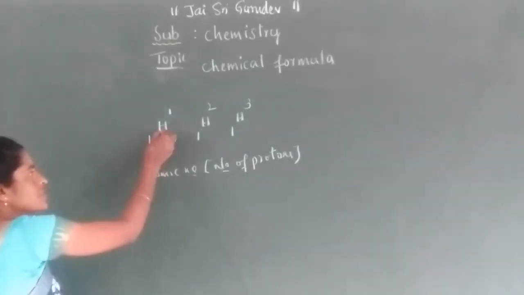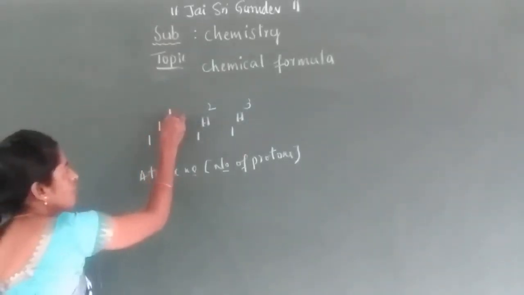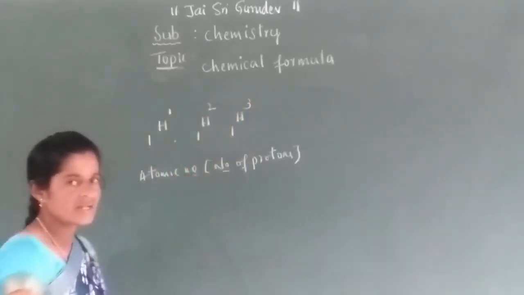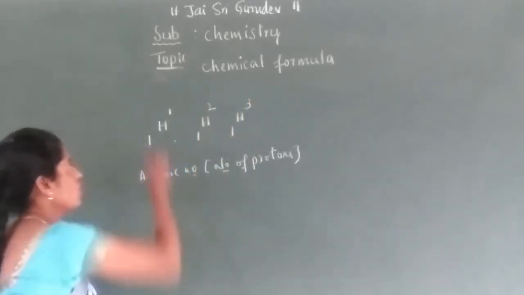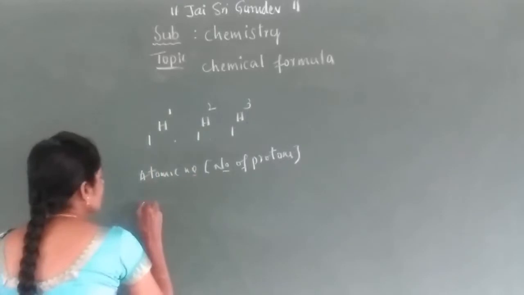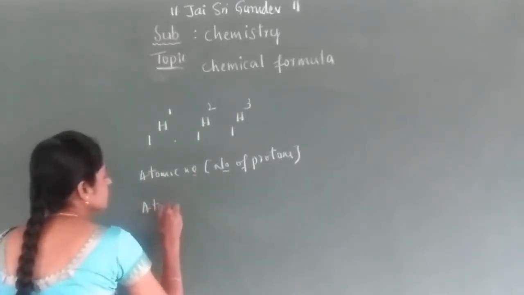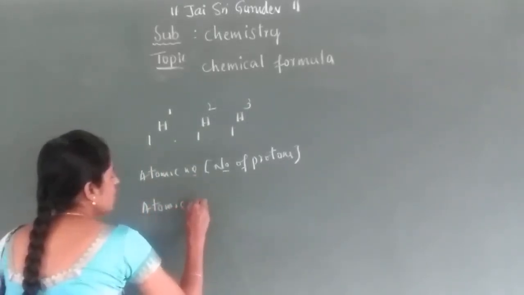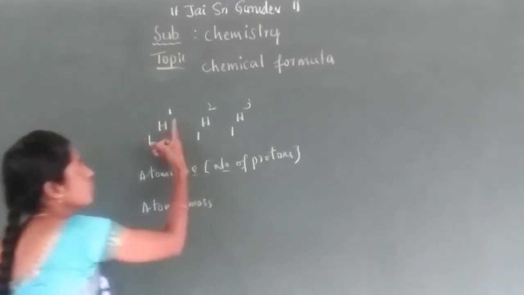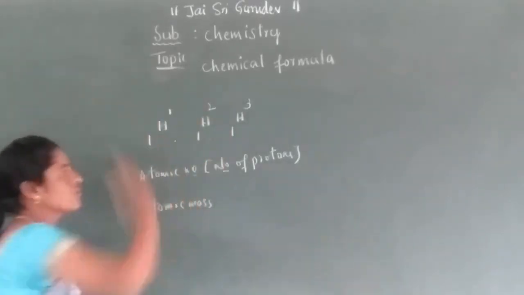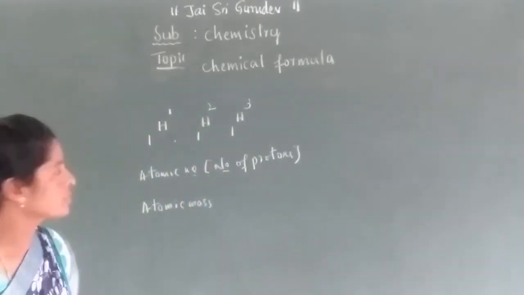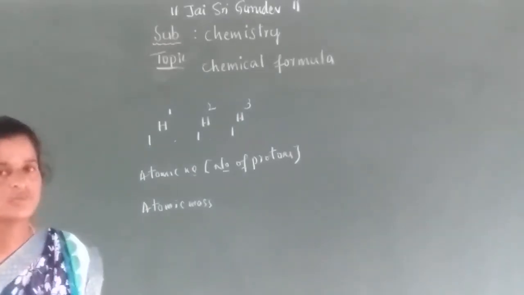Then hydrogen is the element of the atom, and whatever the numbers present as a superscript are called its atomic mass. So whatever the numbers 1, 2, 3 we have written on the board as a superscript are called atomic mass.